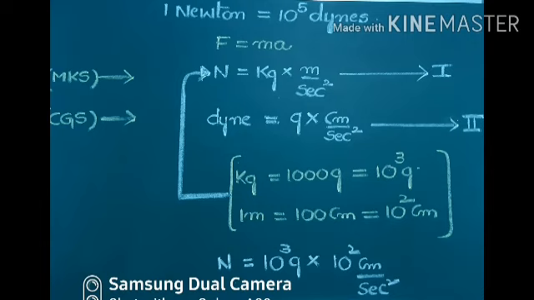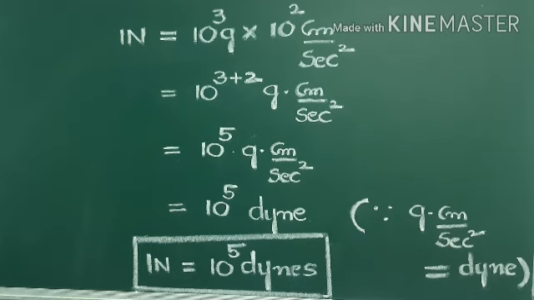So I substituted in the place of kg 10 cube grams and meter 10 square centimeters. The bases are equal, so the powers should be added: 10 power 3 plus 2, 10 power 5 into gram into centimeter per second square. We already know that gram into centimeter per second square means dyne. This is equation number 2. So finally what did you get? 1 newton equal to 10 power 5 dynes.